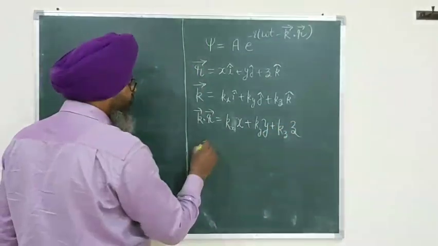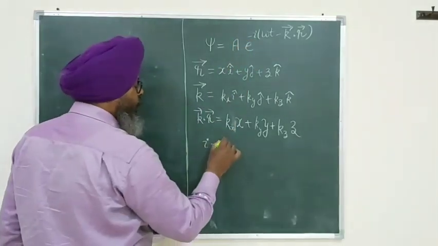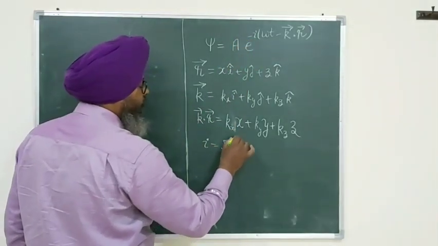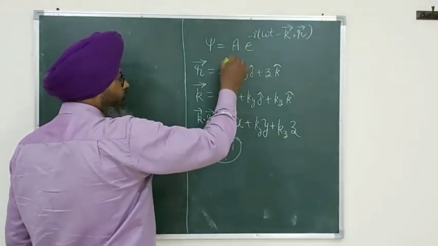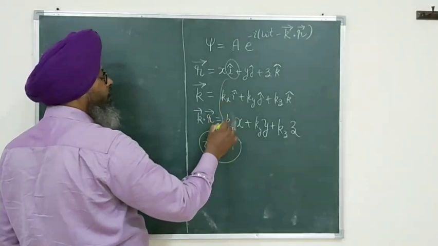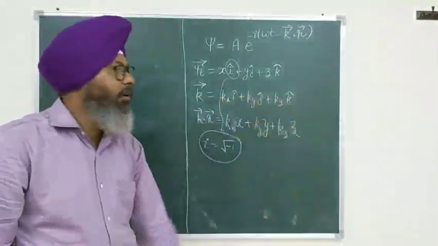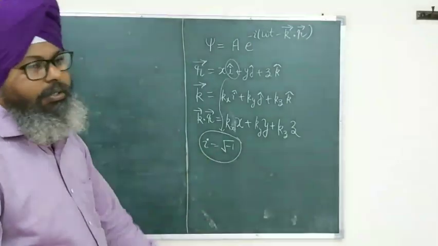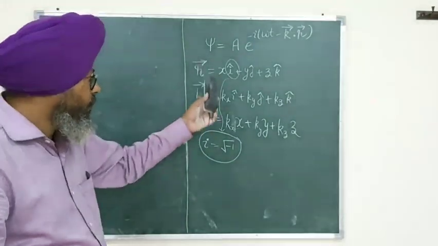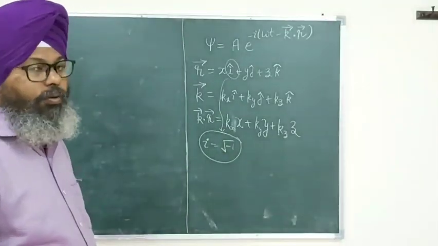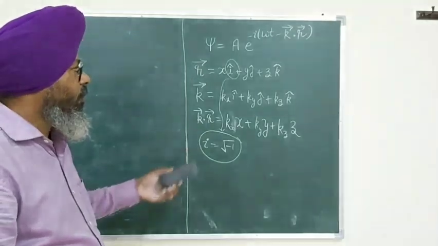Moreover, you should remember that I will be using this iota also, which is mentioned here also, which is square root of -1. Kindly do not confuse iota with i cap. This i cap and this iota are different. I cap is a unit vector along the x-axis and iota is square root of -1. Kindly note these 4 things in your notebook because I will not be giving this explanation again and again.